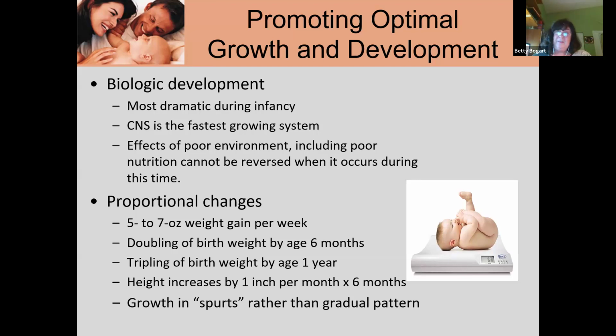For the first 6 months, they gain 1 inch per month. So in 6 months, they've gone up 6 inches. I mean, when does that happen again in our life, right? And we go through these plateaus; I call them the step stairs. They get pudgier, then they get taller, right? They get pudgier and taller all throughout childhood.